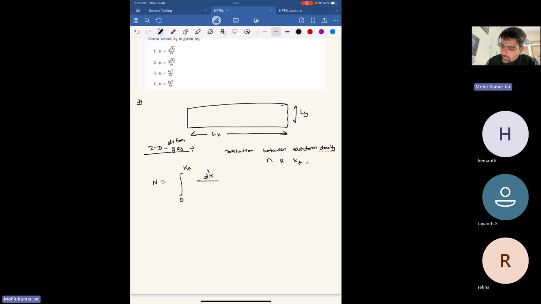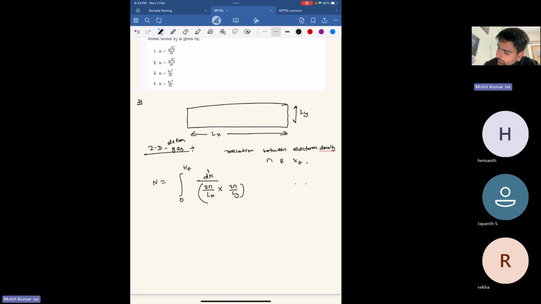So in this case it will be 2 pi by Lx, for the states which carry momentum in the x direction, and 2 pi by Ly for the y one, because for each single state this much region is required, 2 pi by Lx and 2 pi by Ly.